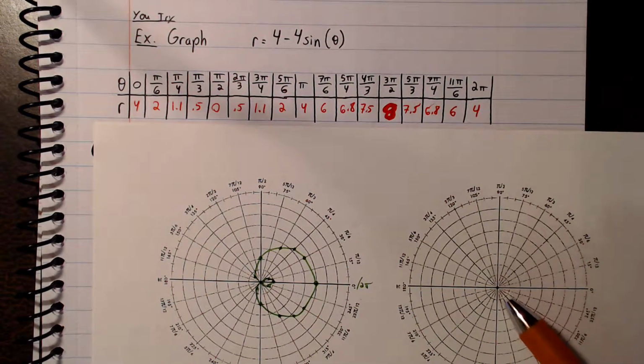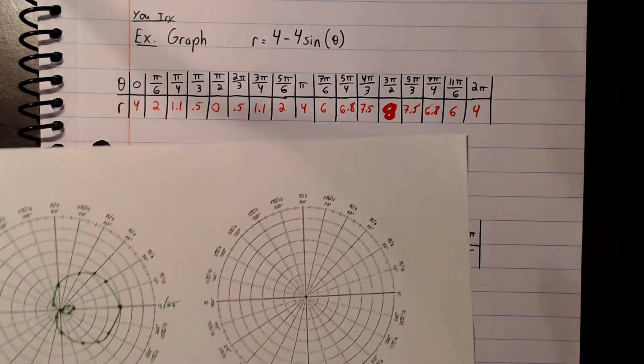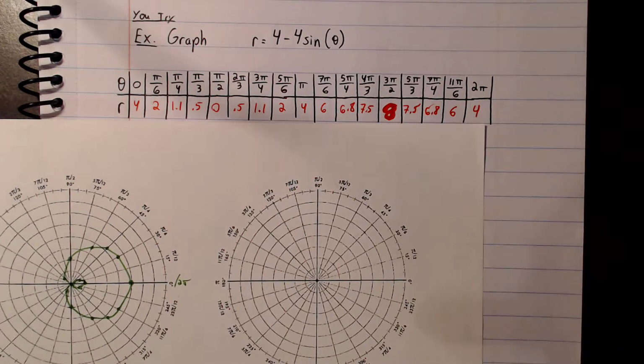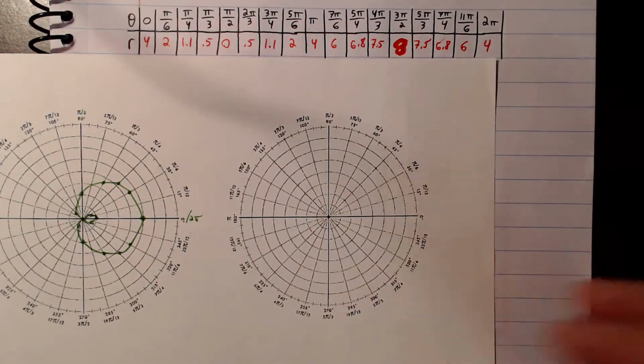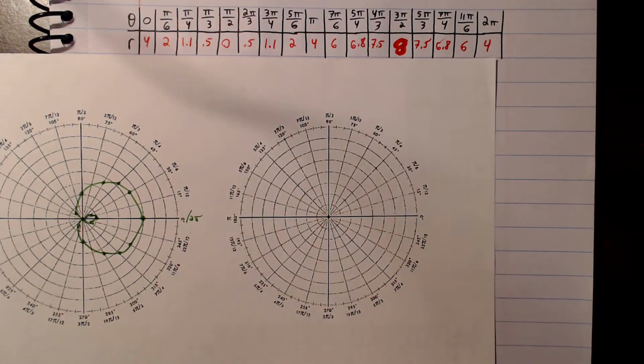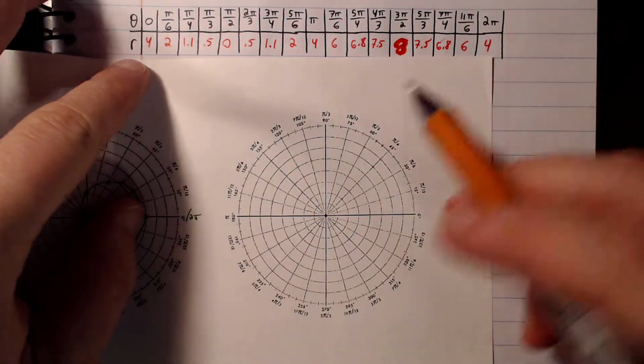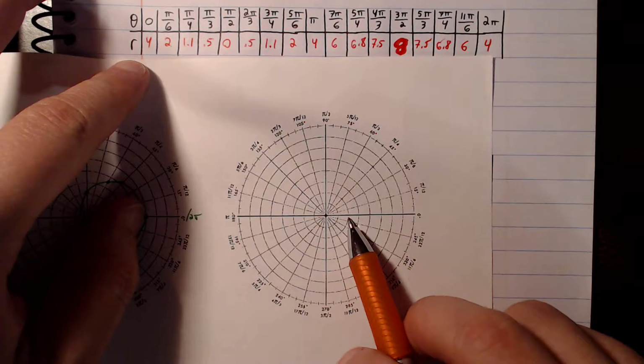We're going to graph this now. If you want to pause the video on your own and graph this, that's up to you. I'm going to do one more before I have you do them on your own anyway. So here we go. At 0, we're out here at 4.